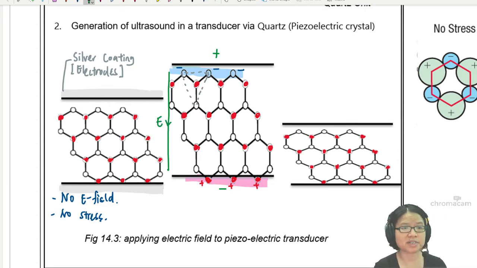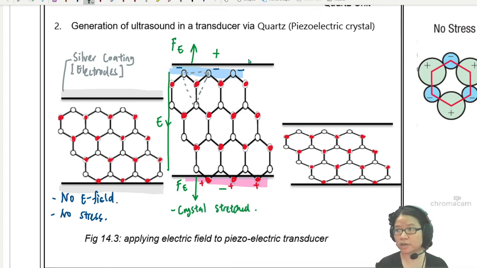Okay, so if this is the direction of electric field, the negative side will experience an electric force in the opposite direction, and the positive side will experience a force in the same direction as the electric field strength. So you see this E and this FE, same direction because it's on the positive face, and the negative face will be in opposite direction. So in this case, there's electric field, and then your crystal is stretched. Okay, I've colored all the silicons red color.